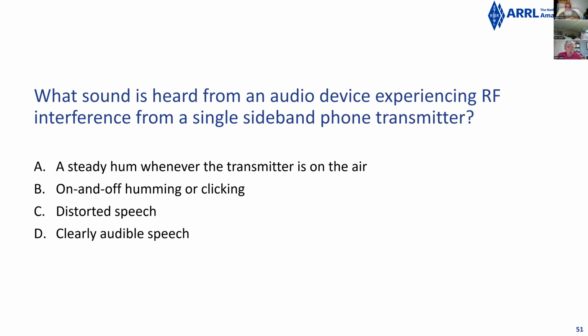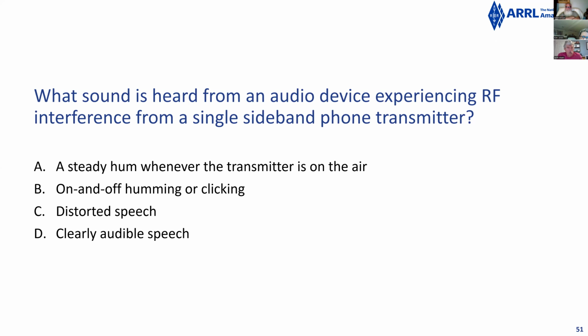What sound is heard from an audio device, like a broadcast radio, for instance, experiencing RF interference from an SSB transmission? A steady hum, on and off humming or clicking, distorted speech, or clear speech? Guesses, anyone?